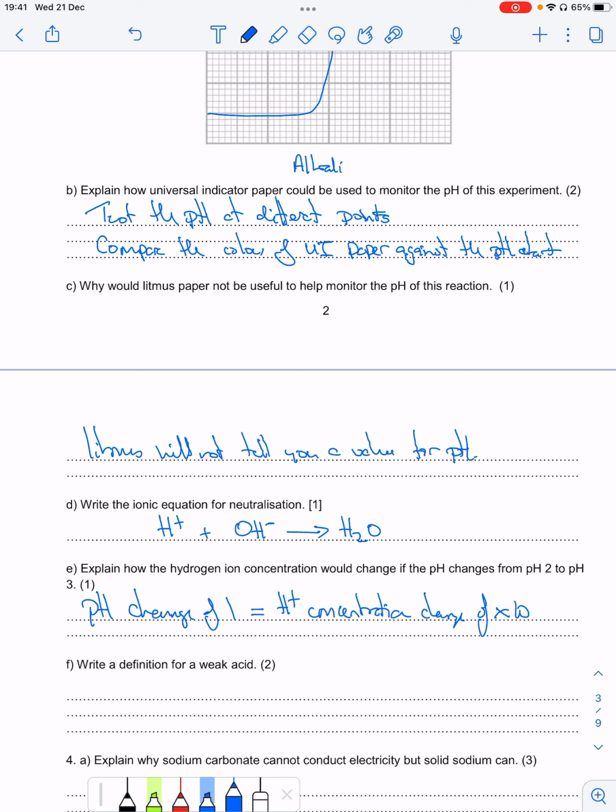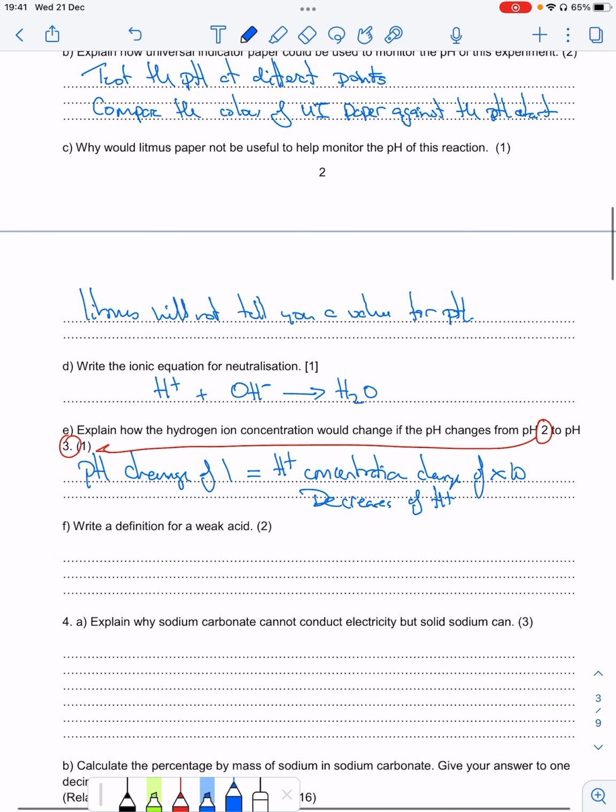So it changes by 10 times. Because it's going from 2 to 3, so the pH is becoming less acidic, this would actually be a decrease of hydrogen ions by a factor of 10.